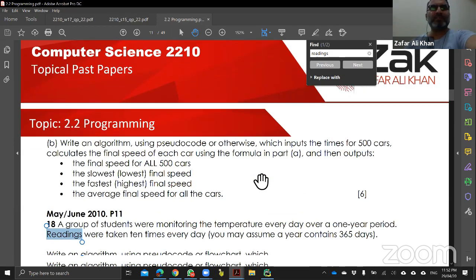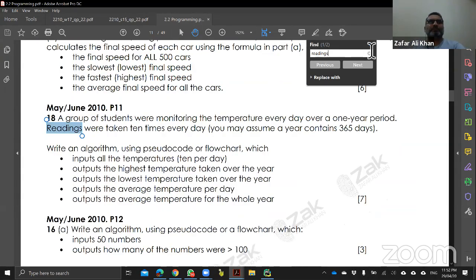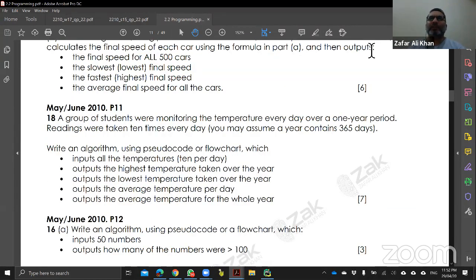This is May, June 2010, P11. A group of students were monitoring the temperature every day over a 1-year period. Readings were taken 10 times every day, which means that every day there will be 10 readings. And you may assume that there are 365 days. So for every single day out of 365 days, 10 readings will be done.